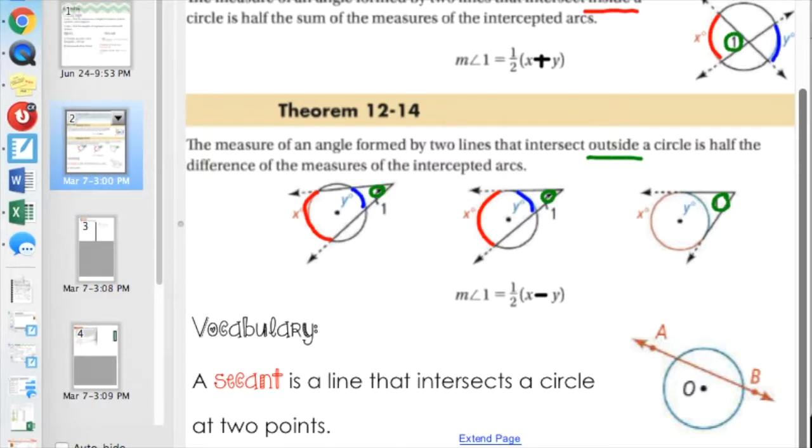Now, what are these lines called? These lines are called secants. Secants are lines that intersect a circle in exactly 2 points. So here is secant line AB intersecting circle O in exactly 2 points. So that is the purpose of these 2 theorems, talking about the angles created by secants.